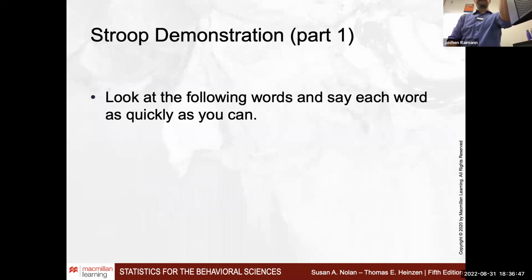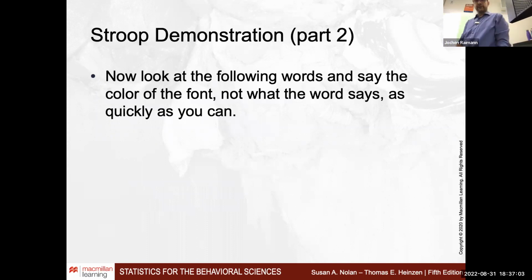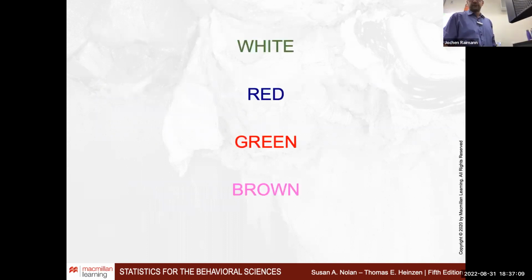May I have a volunteer? Yeah, great, thank you. Okay, I show you 4 words. Can you please read this to me? White, red, green, red. Very good. That was a pretty good time. So now in the following, I'm showing you 4 words. Can you please tell me the color of the font?